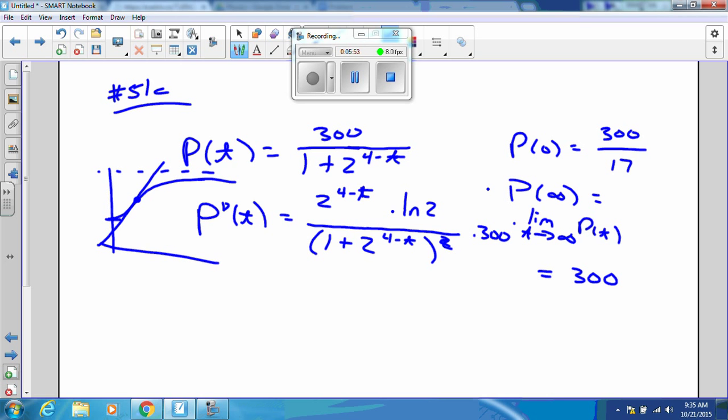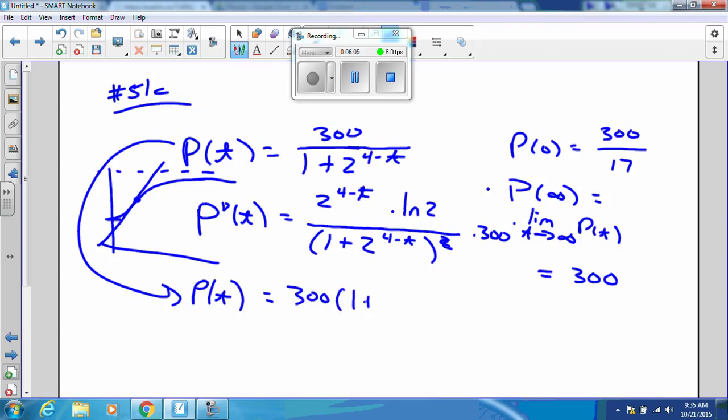And so we have a double negative going on here because p of t is in fact equal to 300 times 1 plus 2 to the 4 minus t to the negative 1 power. And so that allows me to do negative 1 here times derivative, and I get a negative 1 from the change over there. So that's good.